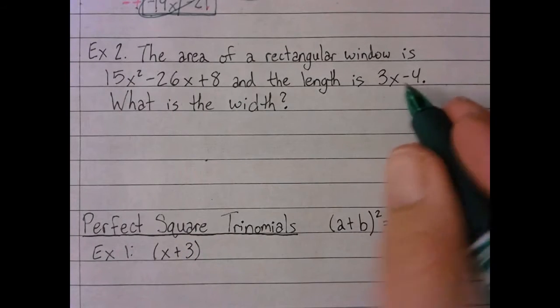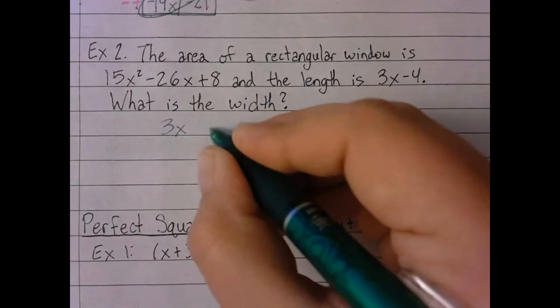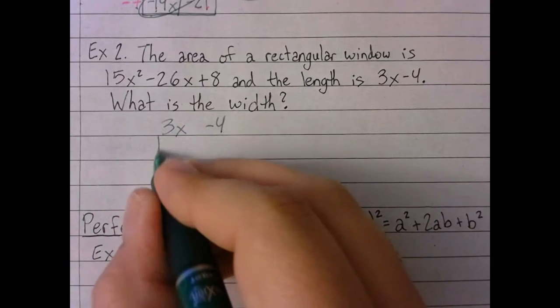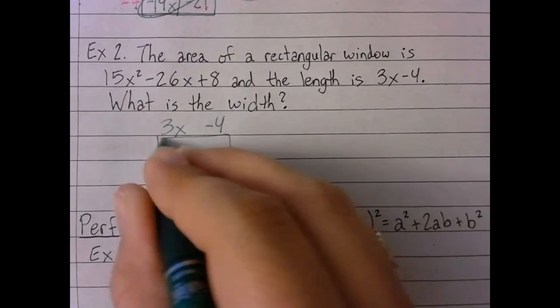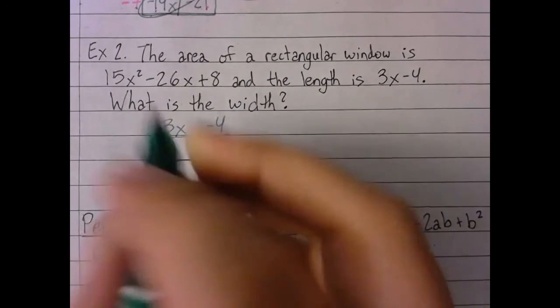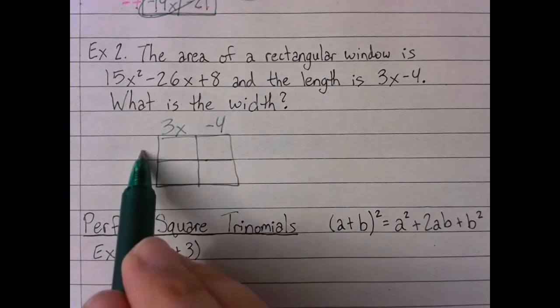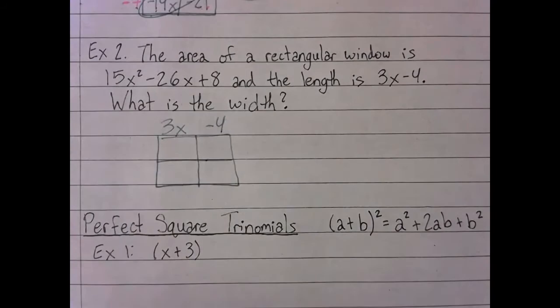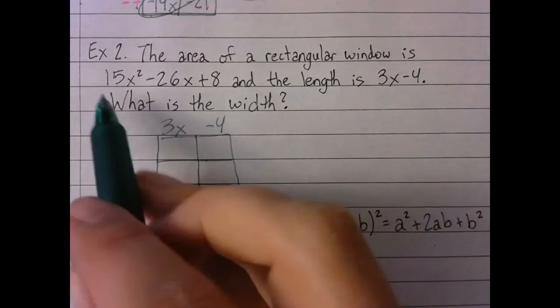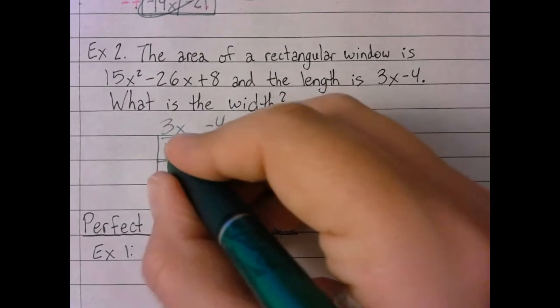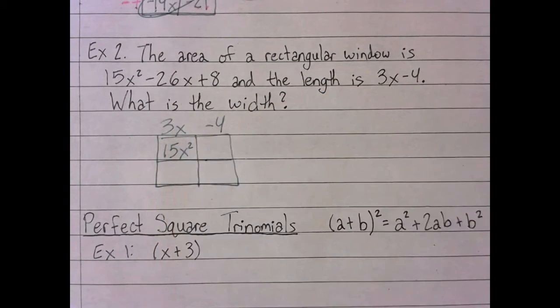So on the outside of our box, we need 3x minus 4, and we don't know the width. Since our area is quadratic, we're going to assume that our width is going to be a binomial. In the top left box goes the term with the highest degree, which is 15x squared.